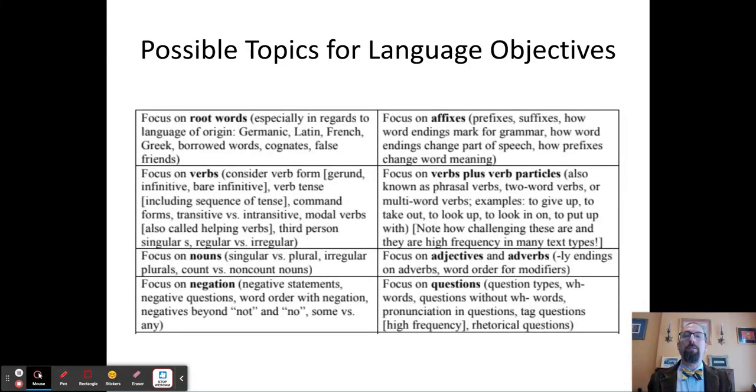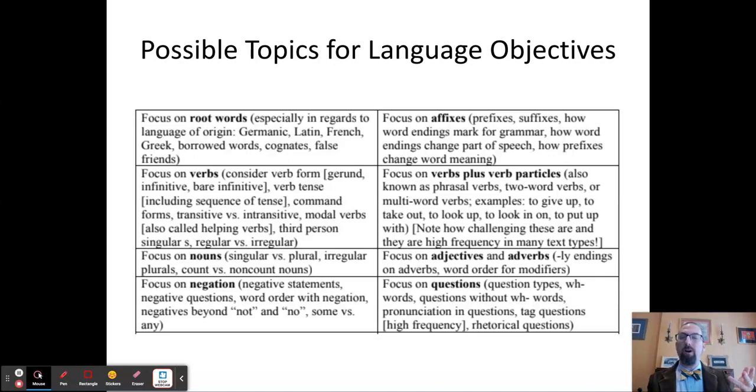If you're trying to think of different topics that you might be able to use for language objectives, there's a chart here that will also be made available in the Canvas classroom to help you as you try to come up with ideas for language objectives. This can include things such as looking at root words, affixes, so prefixes and suffixes that you may be able to use, focusing on verbs, also looking at verbs plus particles.